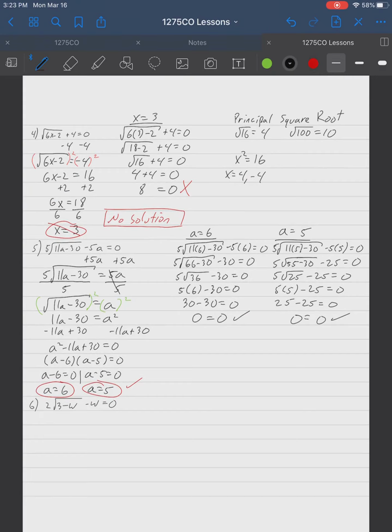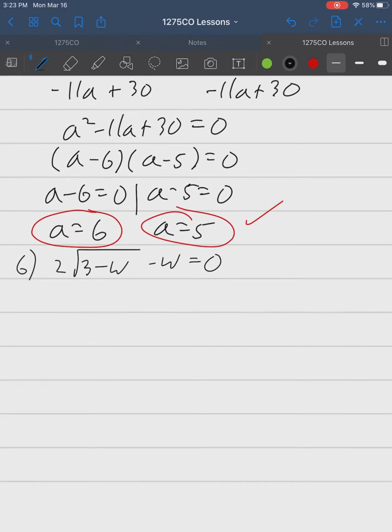All right, a couple more to do. 2 radical 3 minus w. We'll add w to both sides. Save some space over here. And we get 2 radical 3 minus w equals w. Now, in order to isolate the radical, we want to divide by 2.